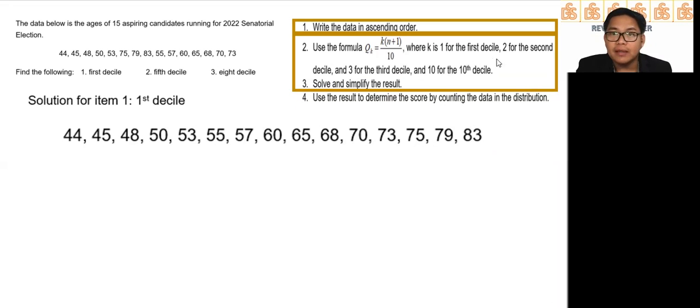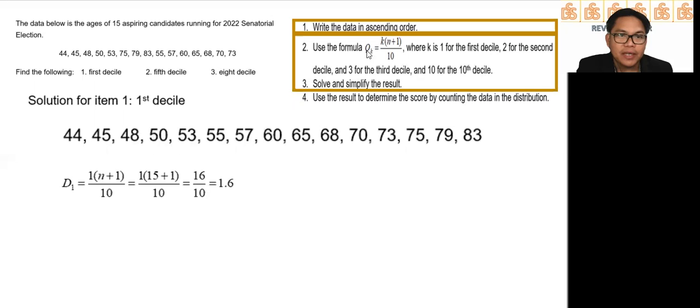Use the formula. To substitute for K, since we are looking for the first decile, K is just 1. And for N, we substitute 15, which is the total number of aspiring candidates.